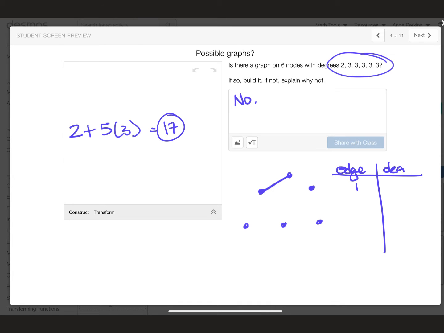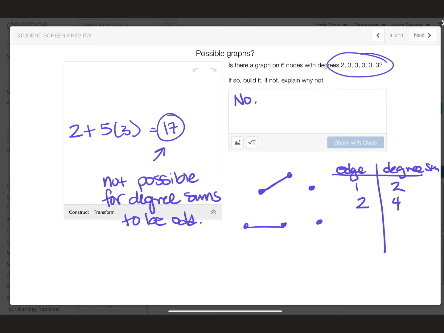The degree sum is 2 because I've got a 1 and a 1. If I add another edge, doesn't matter where, now I've got 2 edges, the degree sum is 4. Every edge, because it starts somewhere and it ends somewhere, is going to add 2 to the degrees, so it is not possible for the degree sums to be odd.